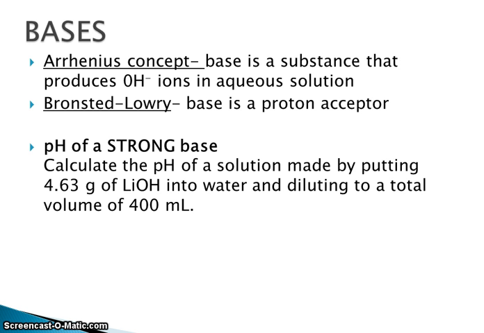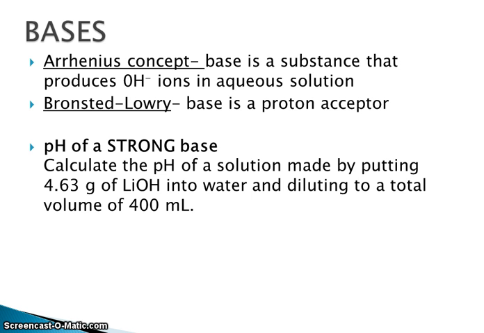It says calculate the pH of a solution made by putting 4.63 grams of lithium hydroxide in enough water and diluting it to a total volume of 400 milliliters. All right, so we've got a strong base. We know it's going to break up into ions in solution, and it's going to 100% dissociate.